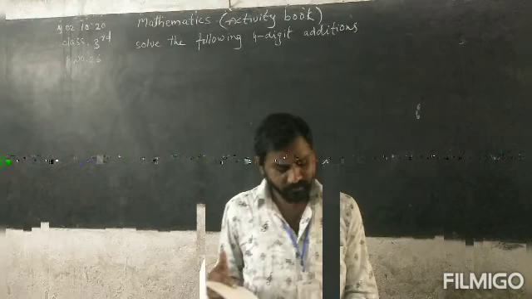See here, we add the digits in tens place along with the carry, that is 1 plus 6 plus 8. First we add 1 plus 6. 1 plus 6, you get 7. Next we add 7 plus 8.